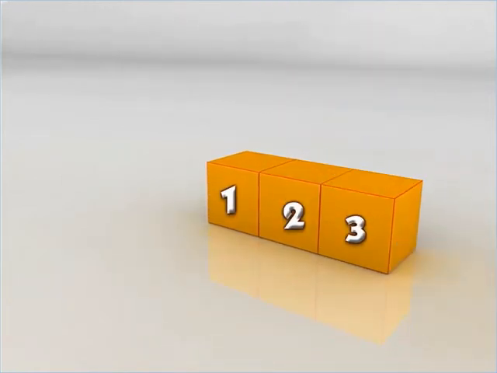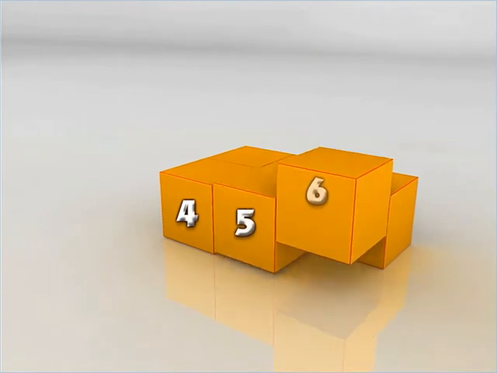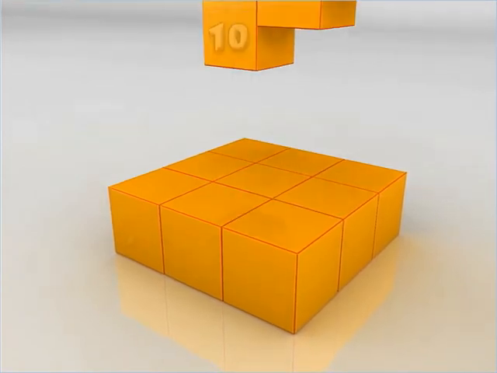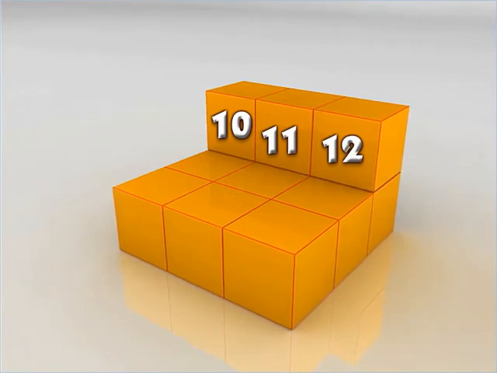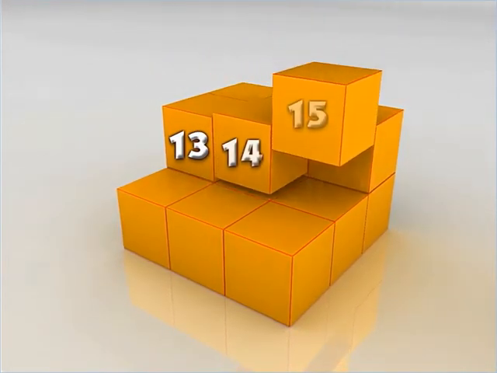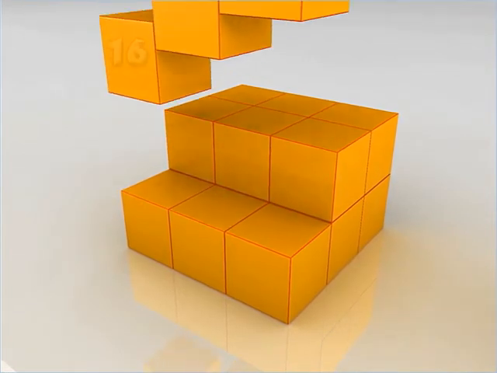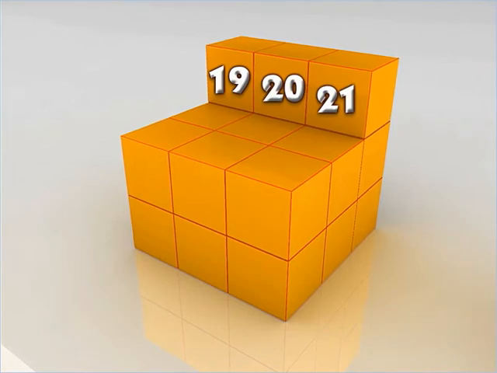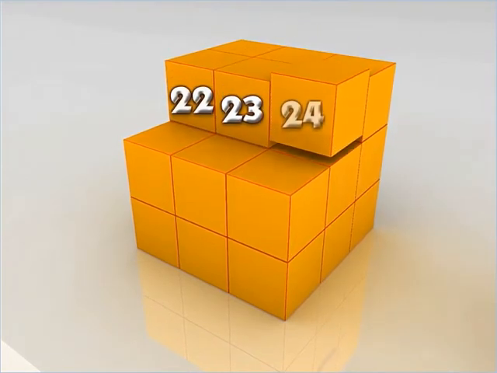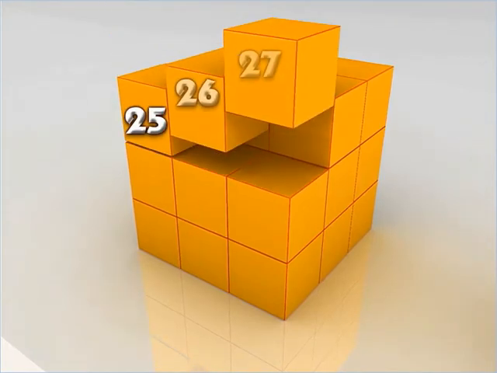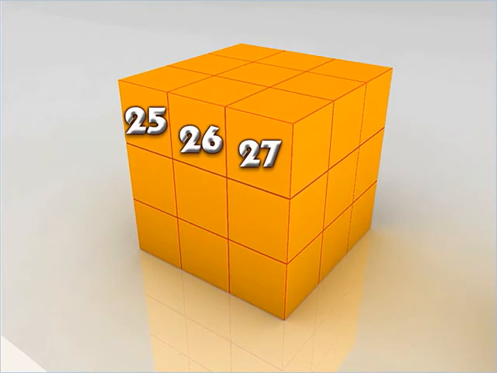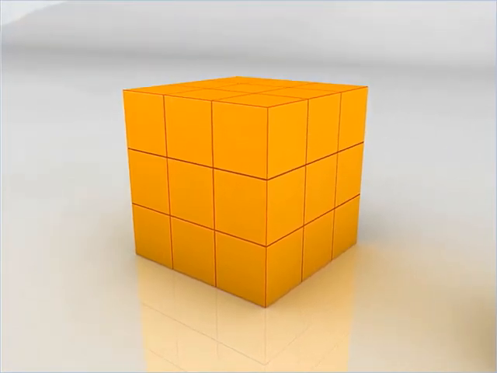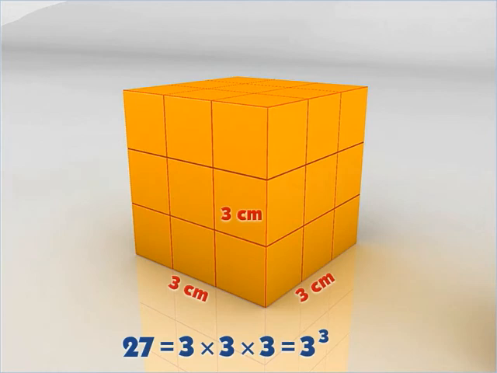Similarly, if you take cubes of side 1 centimeter to form a cube of side 3 centimeters, you will need 27 cubes. 27 can be expressed as 3 cube.